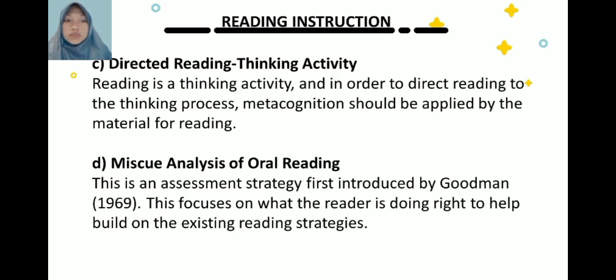So instead of focusing on the errors, miscue analysis focuses on what the learner is doing right. It is further believed that readers' mistakes when reading are not random errors, but actually their attempt to make sense of the text with their experiences and language skills.